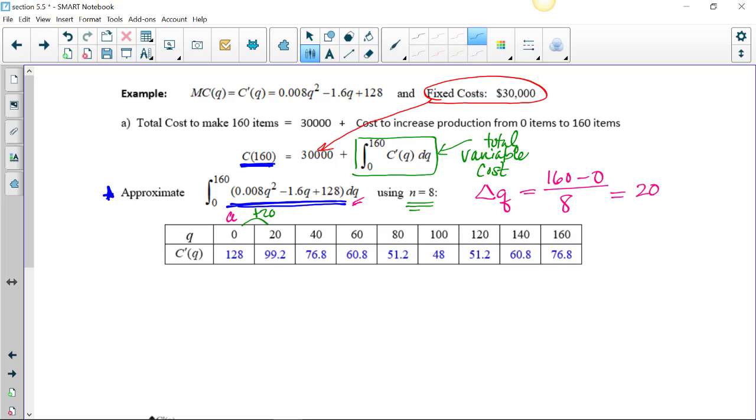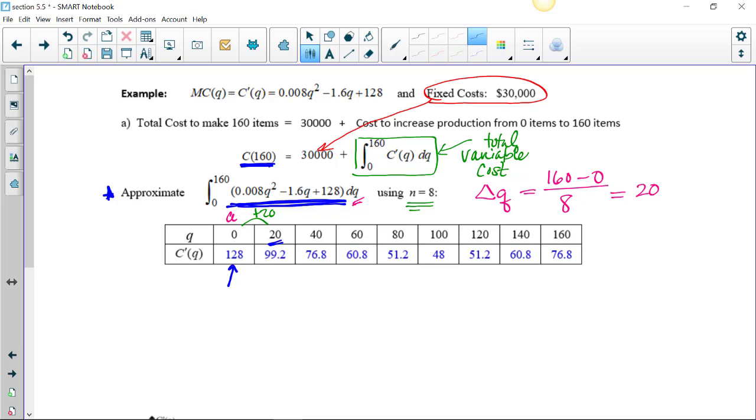To get our heights or our function values, we just plug our Q values, those different quantities, into our function to get these function values, or those marginal costs at each production level. Okay, so we're saying if we produce 20 items, then the marginal cost at 20 items is $99.20, meaning the cost to produce the 21st item is $99.20.